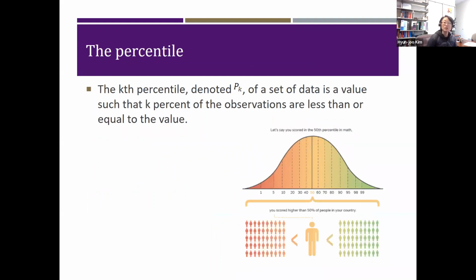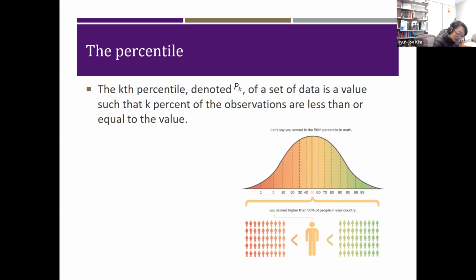Okay, for the next one, I briefly mentioned it already, the percentile. The percentile definition is that, for a set of data, the kth percentile is a value such that k percent of the observations are less than or equal to that value. Whenever I think about percentile, and this graph shows it as well, when you think about percent, the number you think about is 100, right?